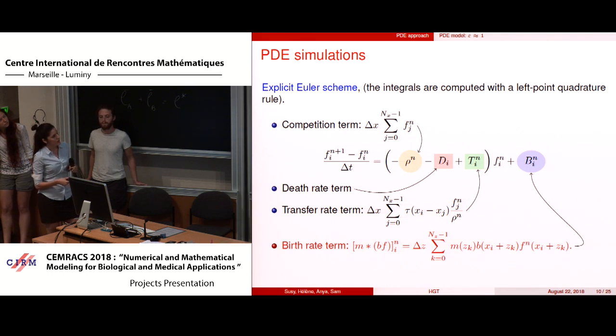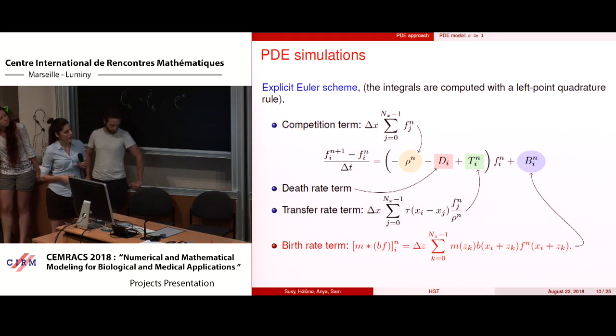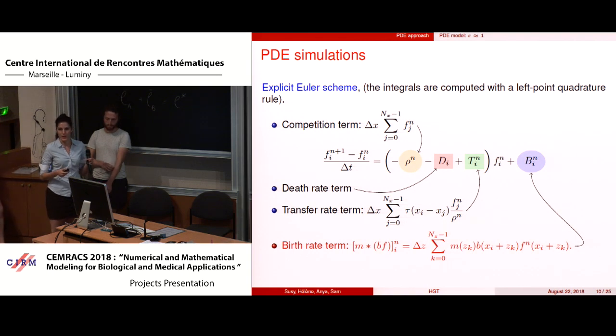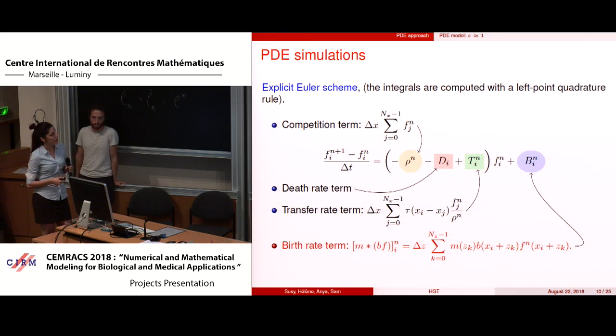The important term in this part is the burst rate term, which is a convolution for which we need to make a grid also in z, made in the same way as the discretization in space and time that we used in this kind of explicit scheme.